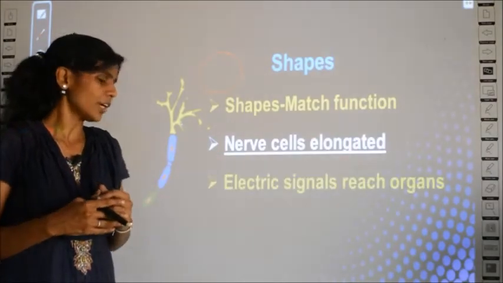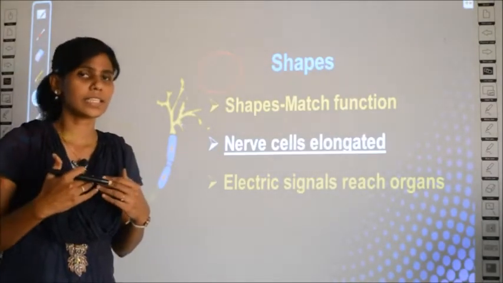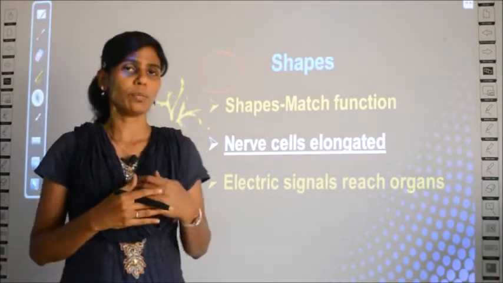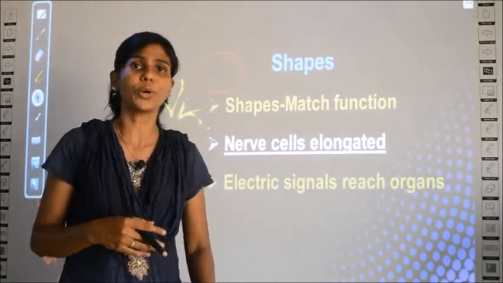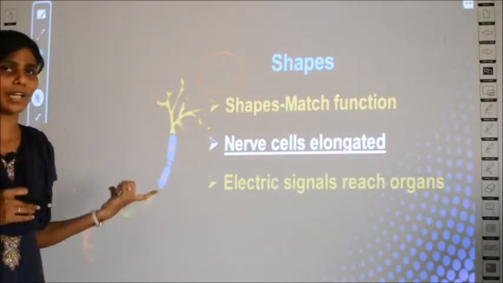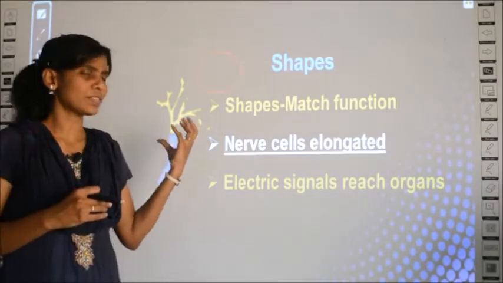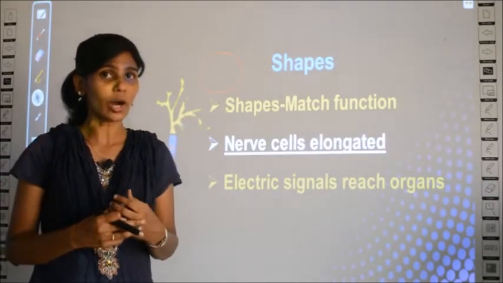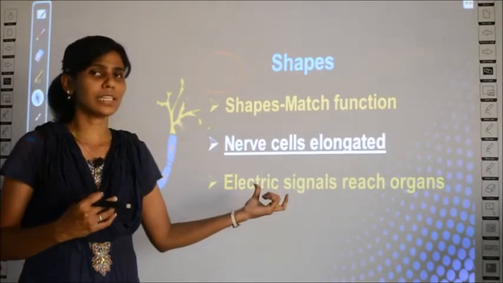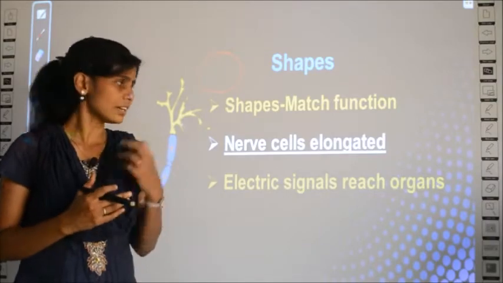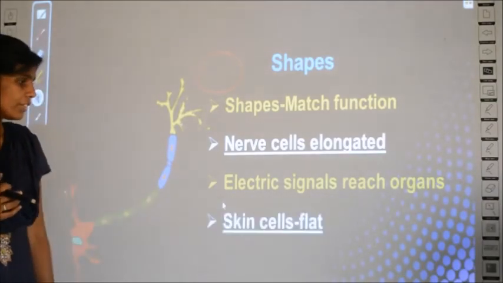Because it is long, it can pass electric signals or messages to all the parts of your body, from the brain even till your toe, because the size of the nerves is very long. So this is a special type of cell which is longer in structure. It can carry electric signals to reach all organs of your body. Clear? This is about the structure of nerve cells.